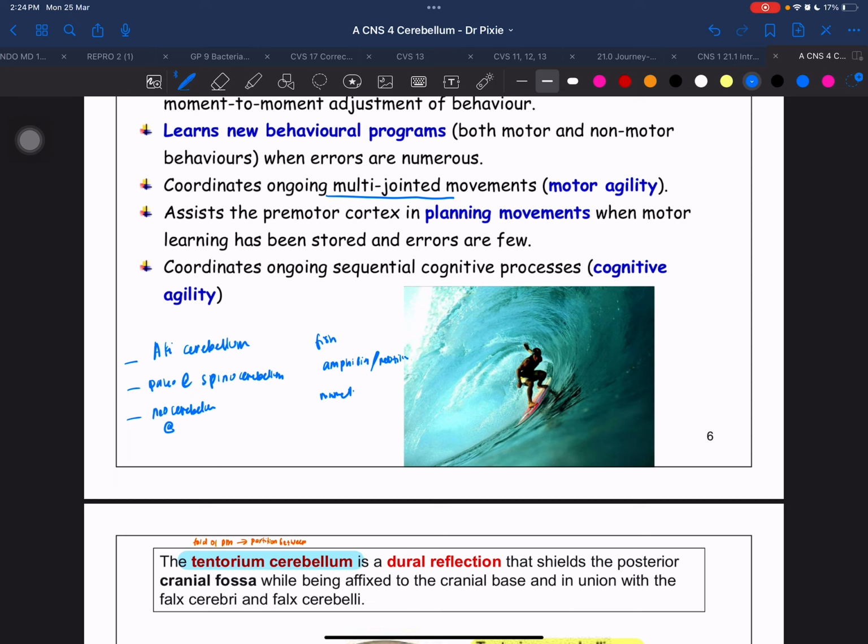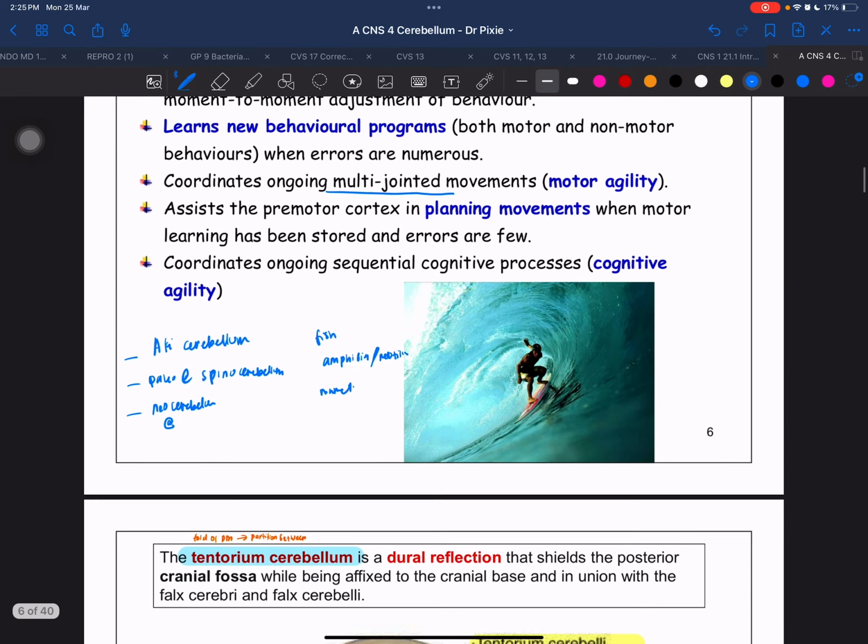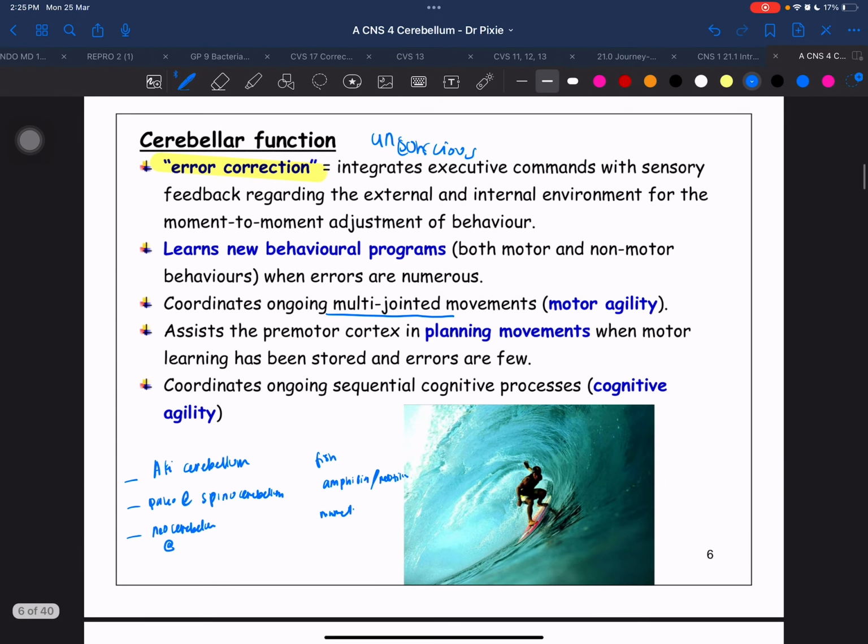Why E? Is paralysis. Nobody chose this? Why? You won't be paralyzed if your cerebellum is dysfunctional, because you still have your cerebrum working. The cerebrum can still do the motor movement like your motor homunculus.